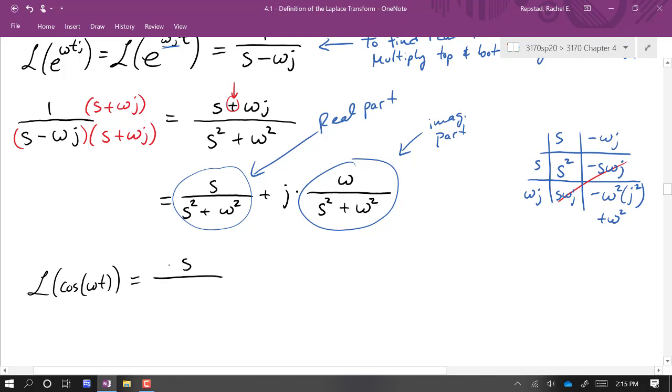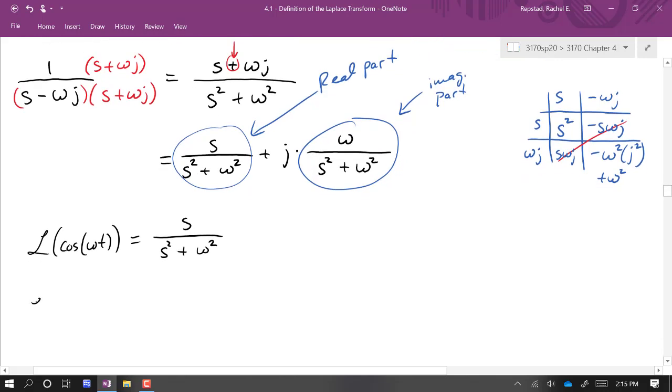Transform for cosine omega t is s over s squared plus omega squared, and the transform for sine omega t is omega over s squared plus omega squared.